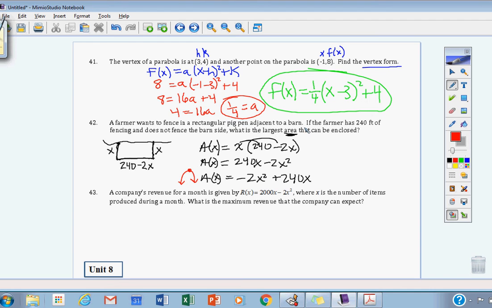Well, the problem is talking about what is the maximum area, largest area that can be enclosed. So again, what does this mean? Well, the x is the dimensions, but the area, the y value, is the actual area. So when we think about this vertex here, that point right there is x comma A of x.